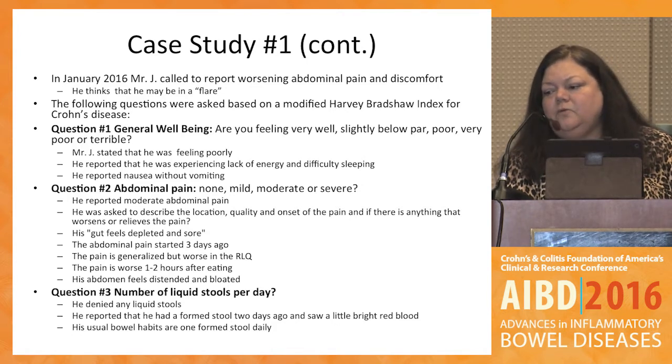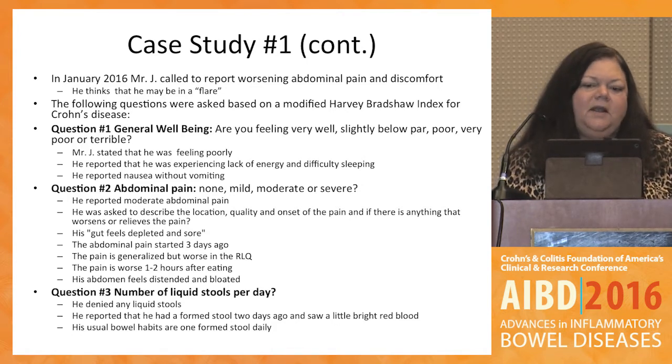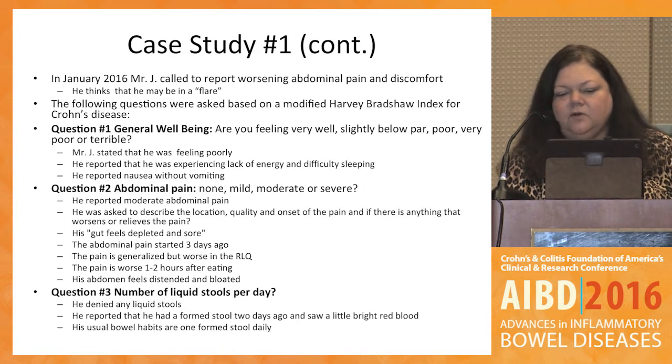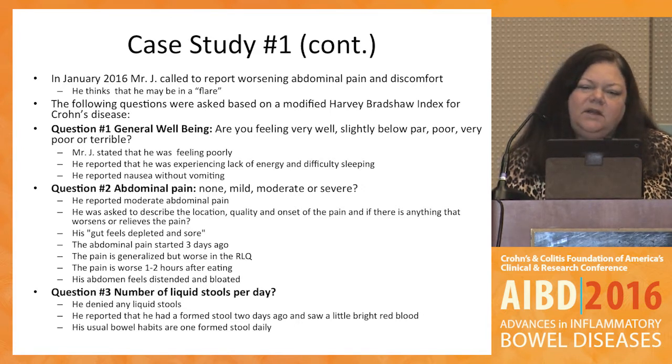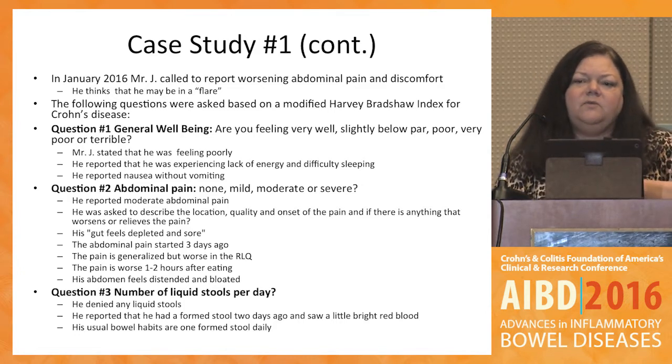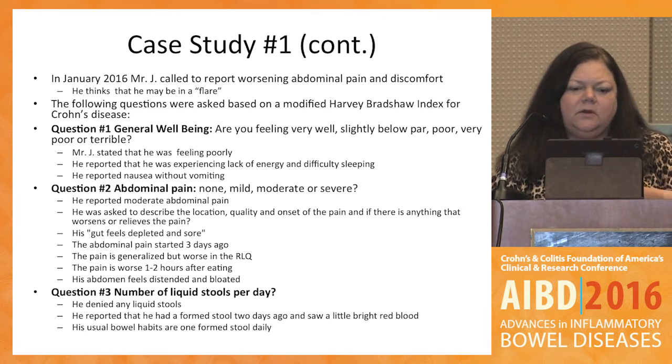We discuss the location of the pain, the onset, and whether anything makes him feel better or worse. In his own words, he said, my gut feels depleted and sore. The pain had started about 3 days prior to the call, and he noticed that when he ate, it was a little bit worse afterwards. The pain was generalized, but worse in the right lower quadrant.